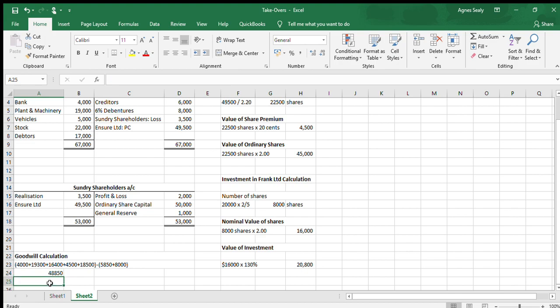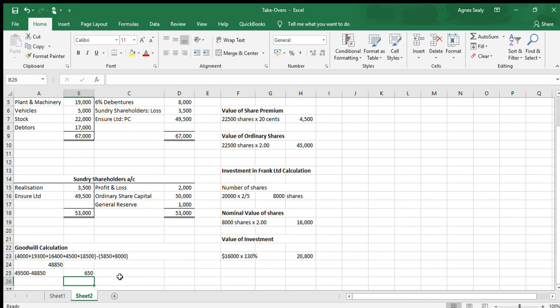So the actual goodwill would be the purchase consideration of $49,500 minus the $48,850. So my goodwill equals $49,500 minus $48,850. So my goodwill is $650.